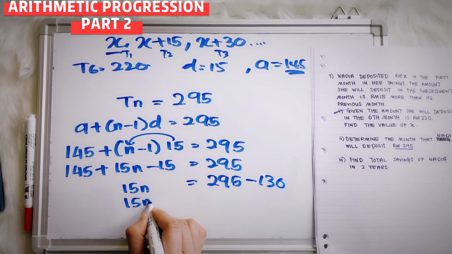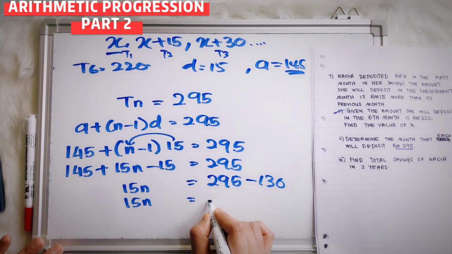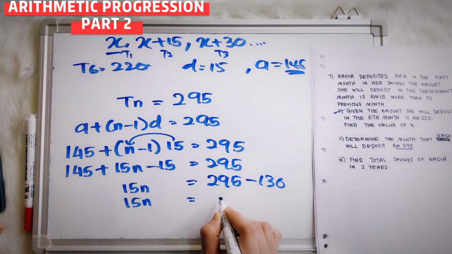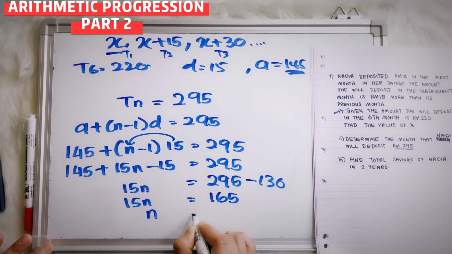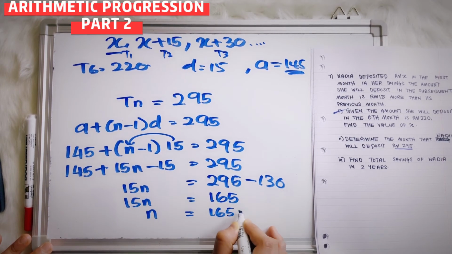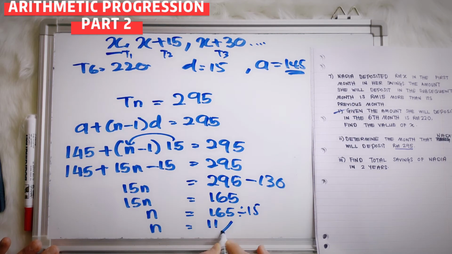Now 15n equals 295 minus 130, which equals 165. So 165 divided by 15, your n will be 11. So that means 11 months.